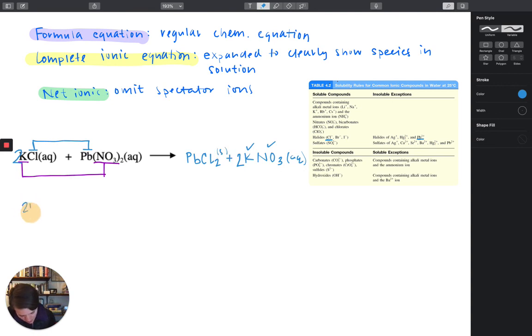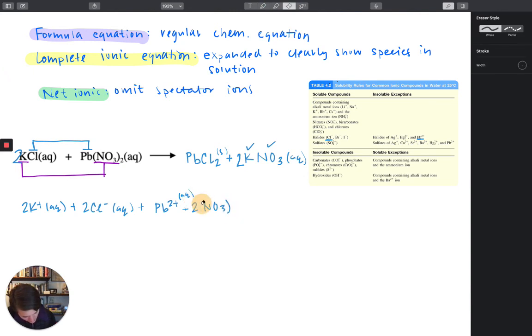So we would have 2 K plus aqueous plus 2 Cl minus aqueous plus 1 lead plus 2 nitrates. Oh, totally acceptable to squeeze in your symbols. Not acceptable to leave off your parentheses.